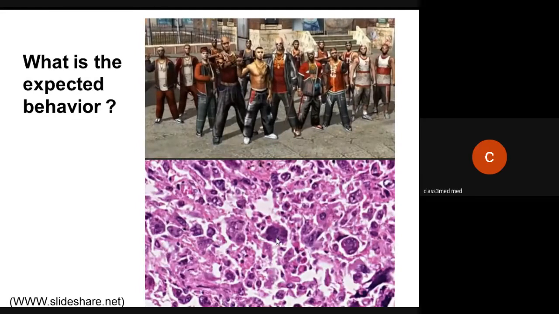Is it good or bad behavior? Bad behavior. So you expect an aggressive behavior of this tumor.